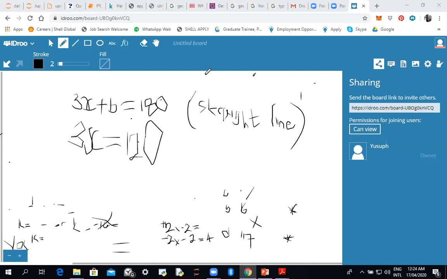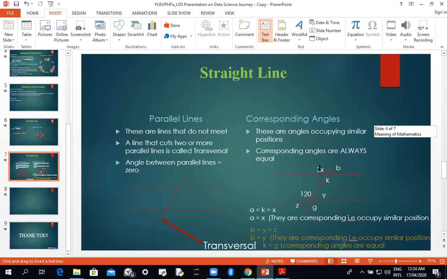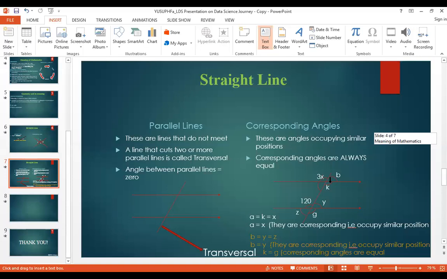Let me quickly display my screen with you again. On this upper line, this is the top, this is the bottom. This is the left, this is the right. This 120 degrees is to the left. And secondly, it is also at the top of this line.